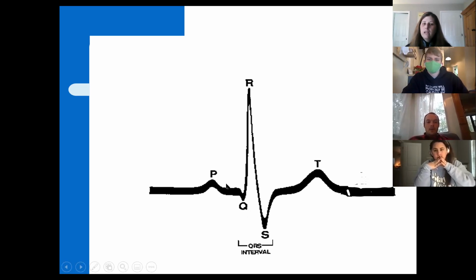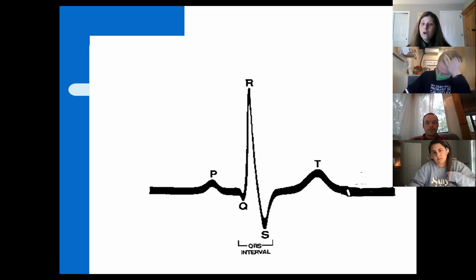So the atria contract in the P wave, the ventricles contract in the QRS, and the ventricles recover in the T wave. The atria are going to recover, but it is so insignificant on this electrical printout in comparison to the ventricular contraction that we just don't see it. The atria are still repolarizing, still filling, still resting and getting ready for their next contraction.